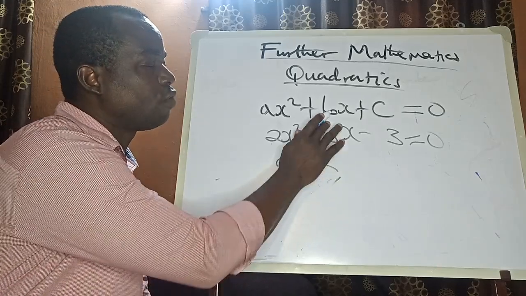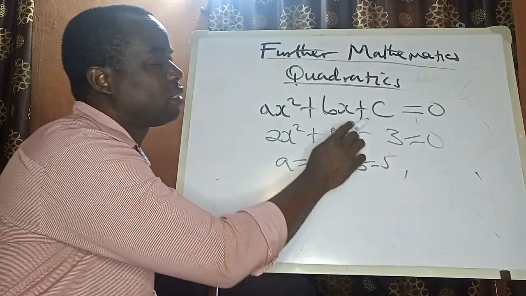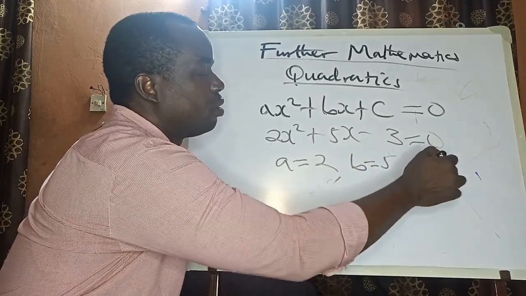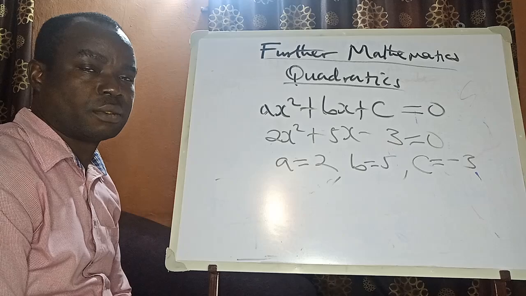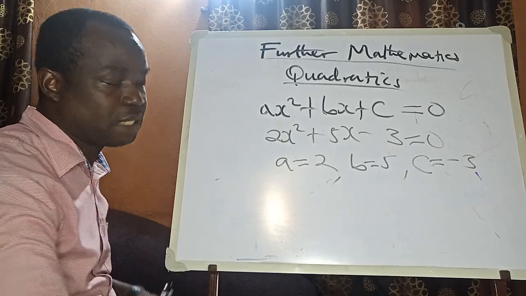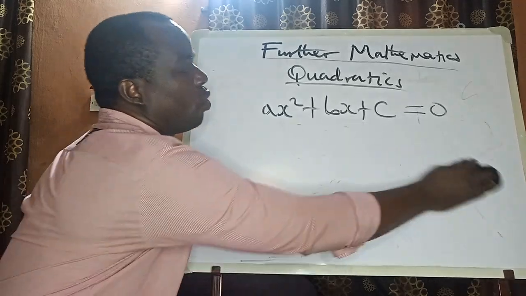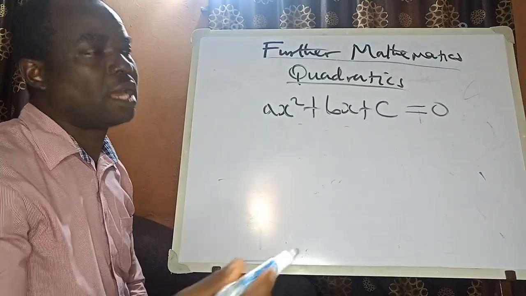Our b is the coefficient of x, which is 5. Our c is the constant, and here this c now will be minus 3. Are you following? So take note of this. The first lesson is to be able to identify your a, your b, and your c.